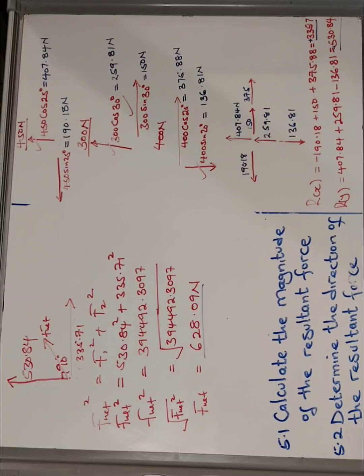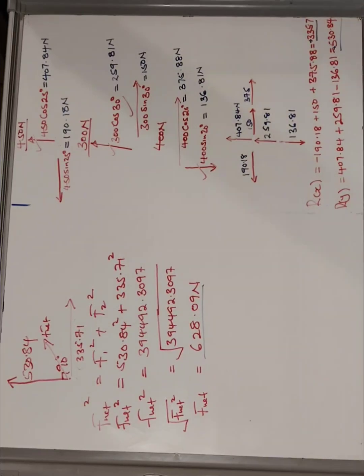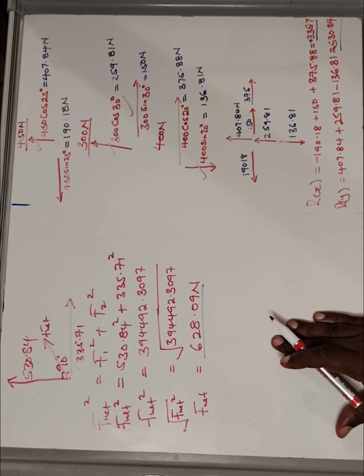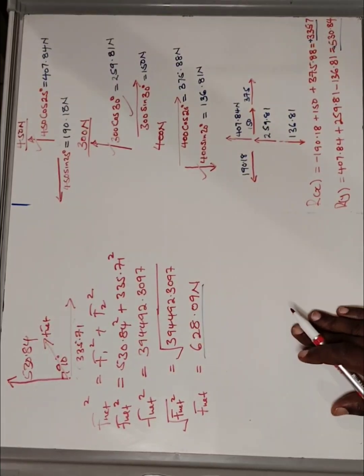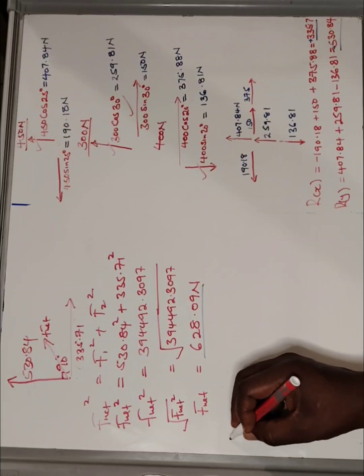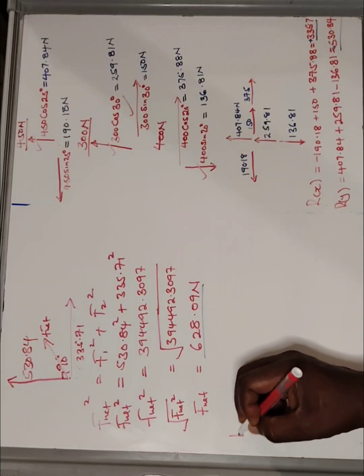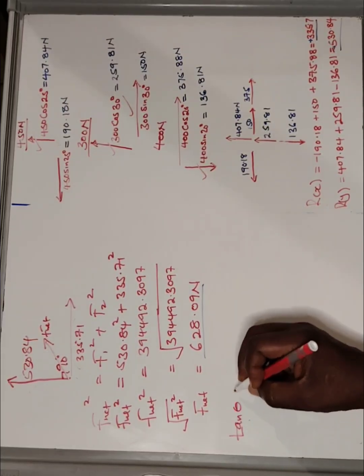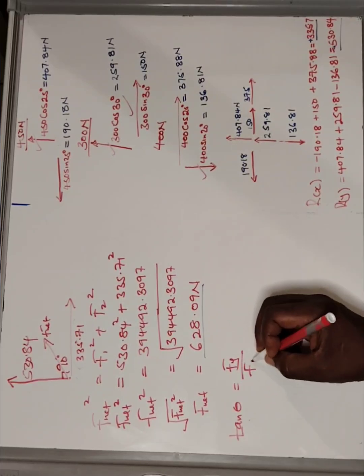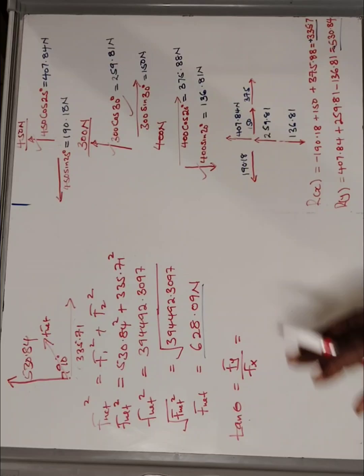So this question has been answered. Next is to determine the direction of the resultant force. For the direction, we are going to give it as a bearing to the horizontal. We say tan theta is equal to Fy over Fx. This is also from simple trigonometric ratios.